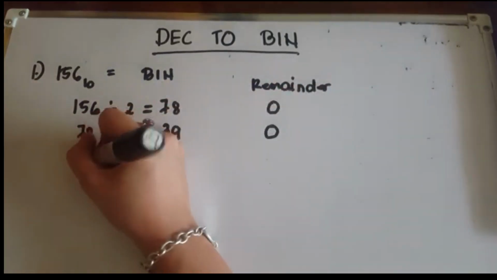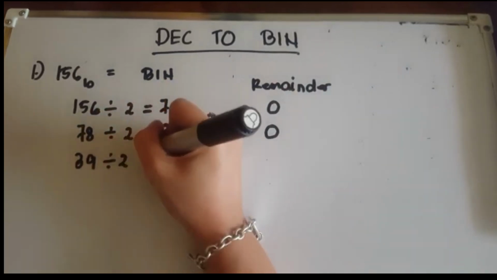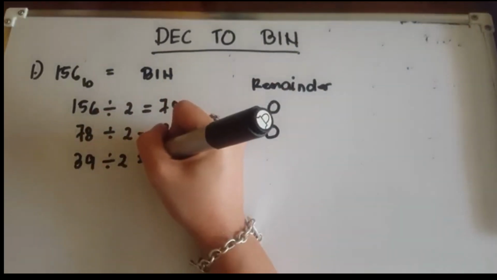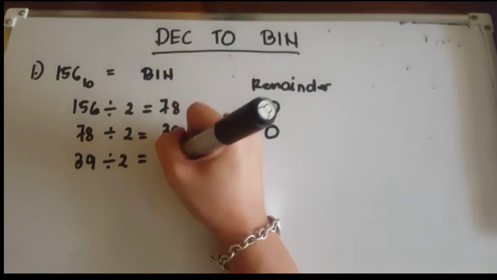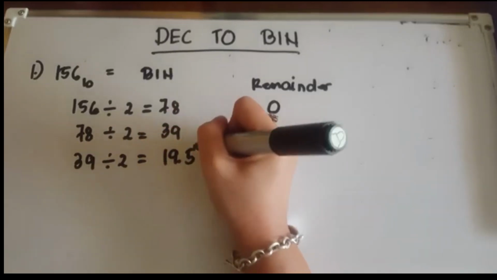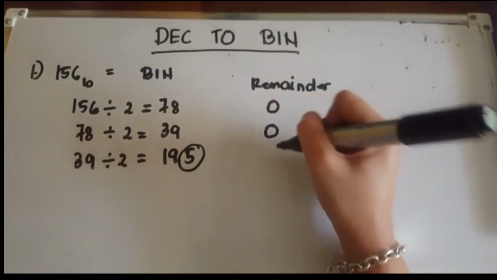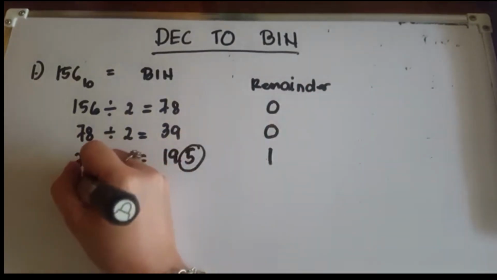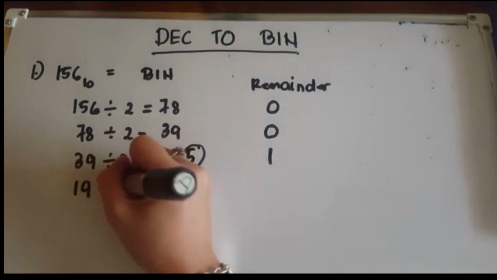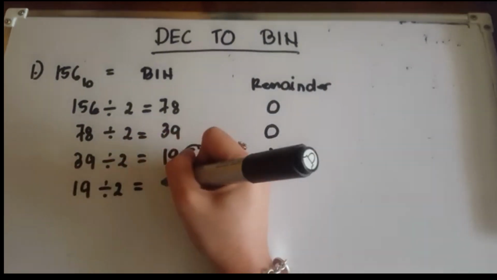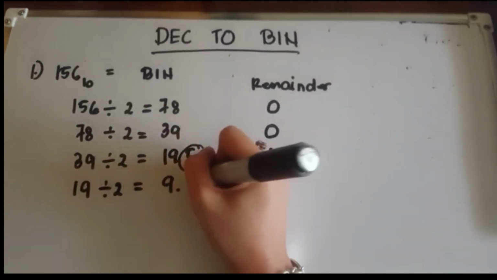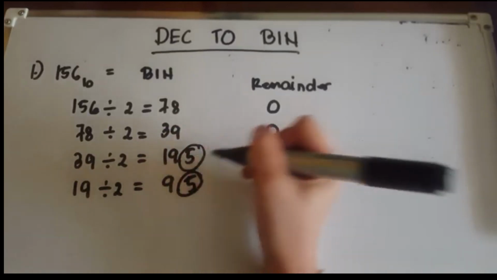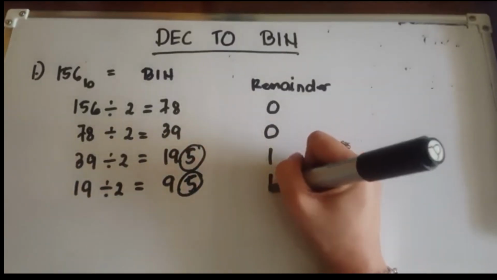So 39 divided by 2 equals 19.5. So this becomes remainder, so we're gonna put here 1. So we have 19 divided by 2, which is of course 9.5. So this becomes remainder, so we're gonna put here 1.